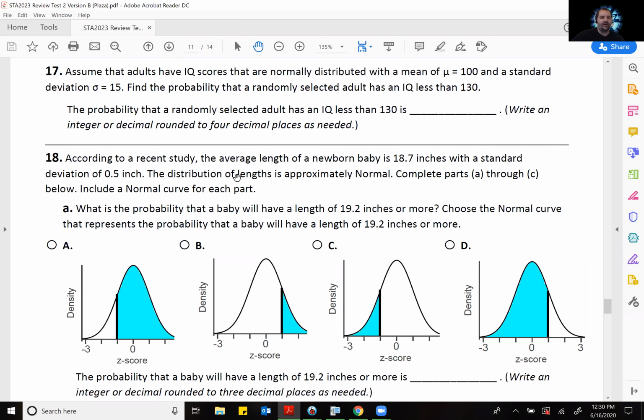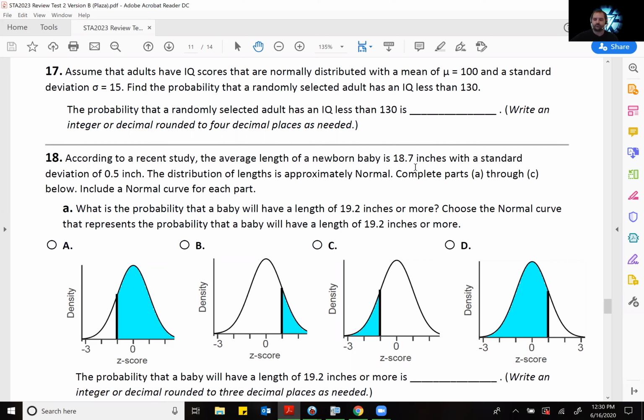If we read up above, it says the average length of the newborn baby is 18.7. So that's your mu, with a standard deviation of 0.5. So we want the probability that we are greater than or equal to 19.2.